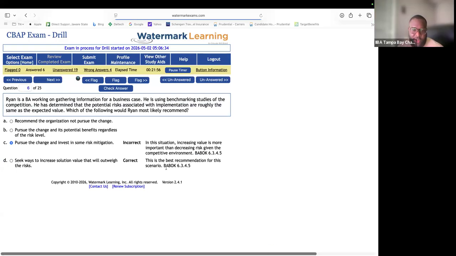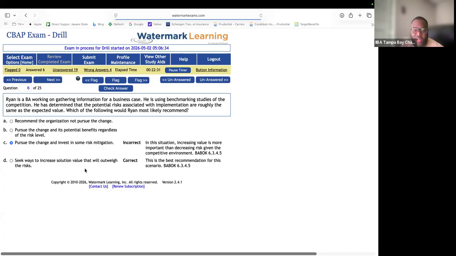So the correct answer is D. And the reason behind it is this is the best recommendation for the scenario, and the reference is 6.3.4.5. Anytime we have a change happening at the enterprise or even organizational level, and the change has the same value as the risk, most likely the company will look for ways to increase the value, because that's the whole point of the change.